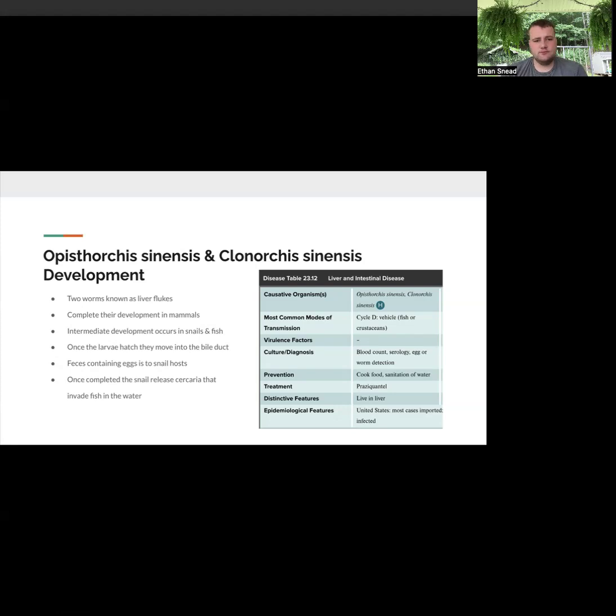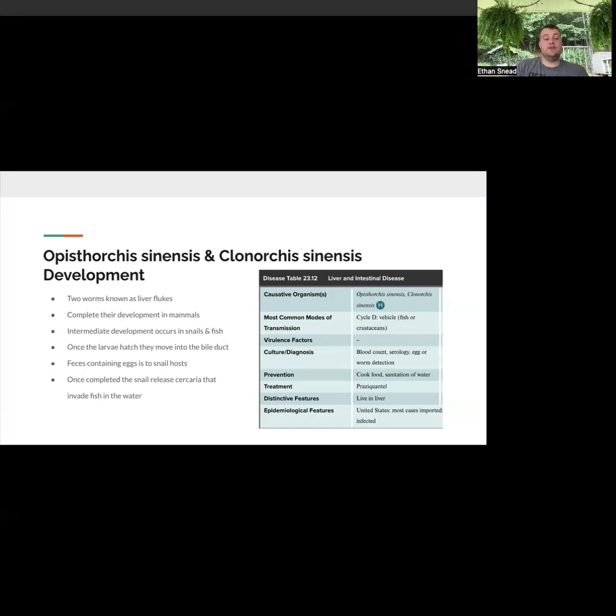The larvae of these two flukes hatch and crawl into bile ducts, where they mature and produce their own eggs, and these eggs are passed into the intestinal tract of a human or a mammal. Then the feces of the human, which can contain these eggs, pass on to a snail host in standing water, which becomes the intermediate host.